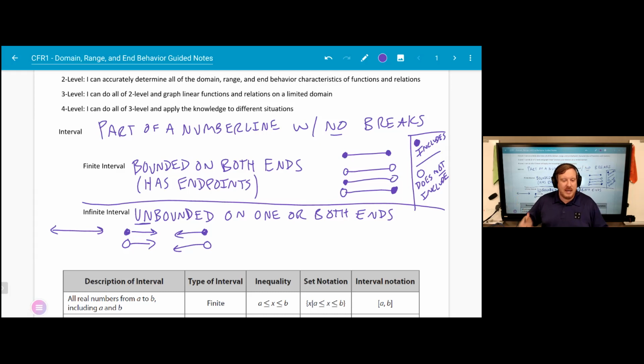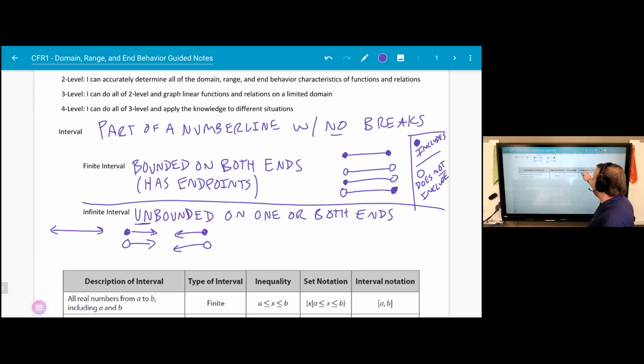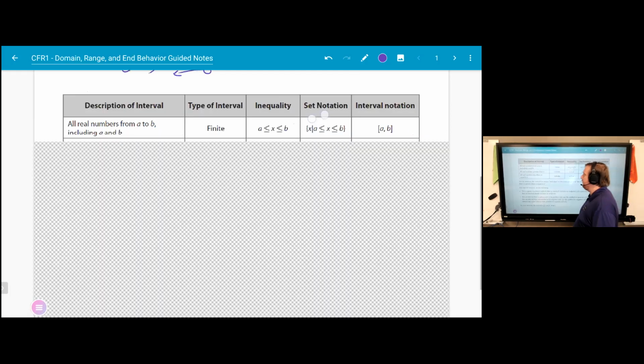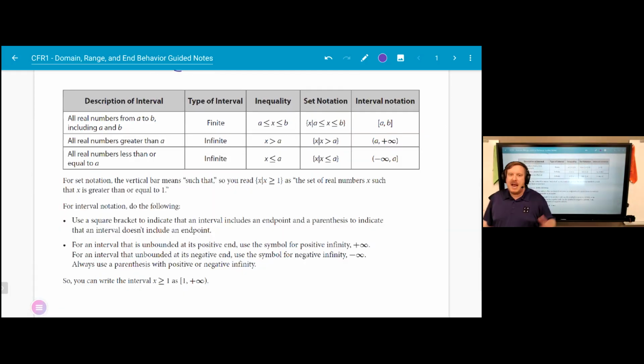And to really get a good handle on that, we have to look at interval types and descriptions. Now, this is going to be pretty wordy. There's not a lot of calculations in this part, which is nice, but it's a lot of description. So if I want a finite interval or an infinite interval, I can do 3 types of notation.